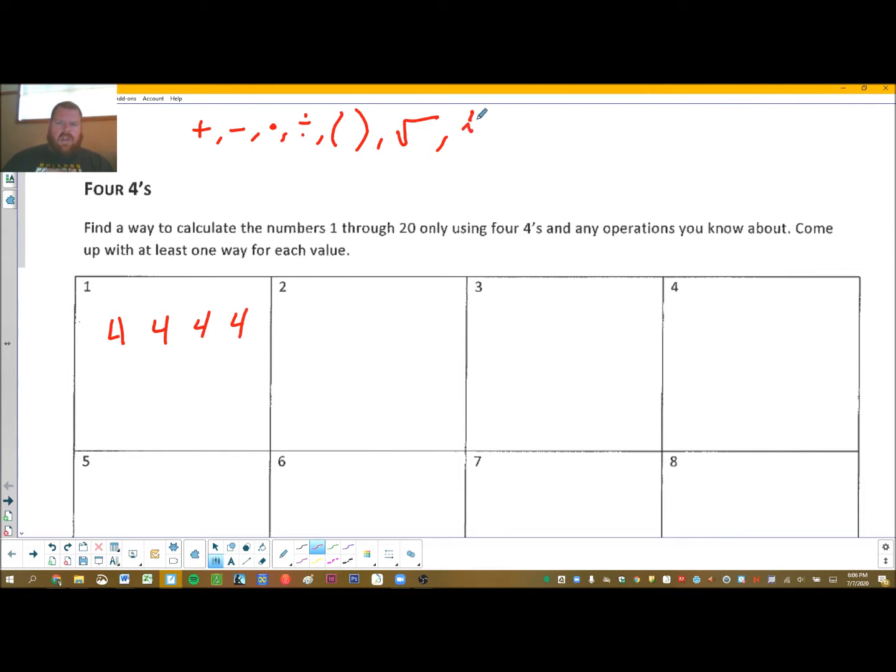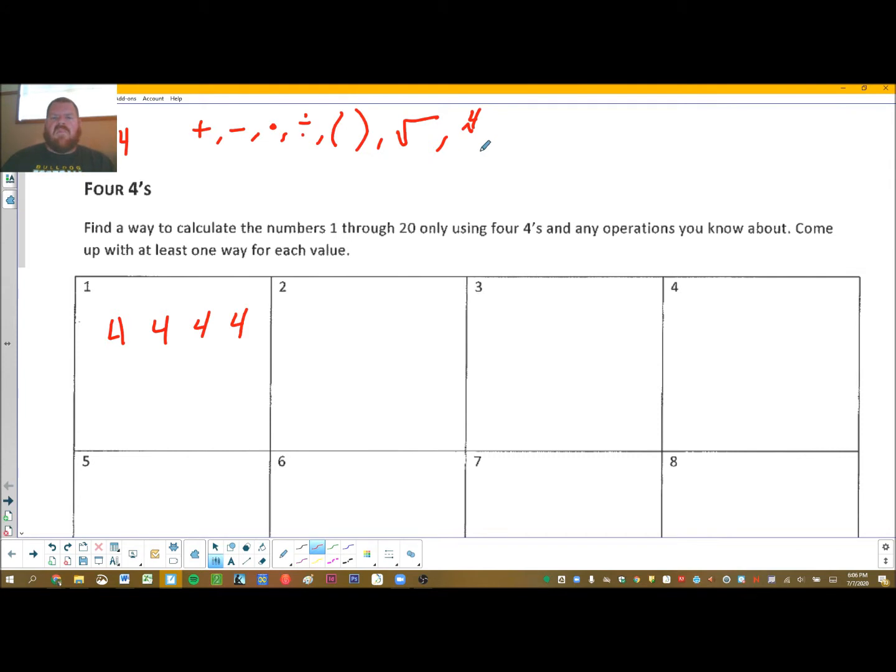Exponents can work as long as it's the 4th power that we're raising it to. So one of these 4s would be an exponent, and the way you would write that in a line is, you want to write 4 to the 4th. If we were stuck on one line of writing, we would say that's 4 raised to the 4th power.